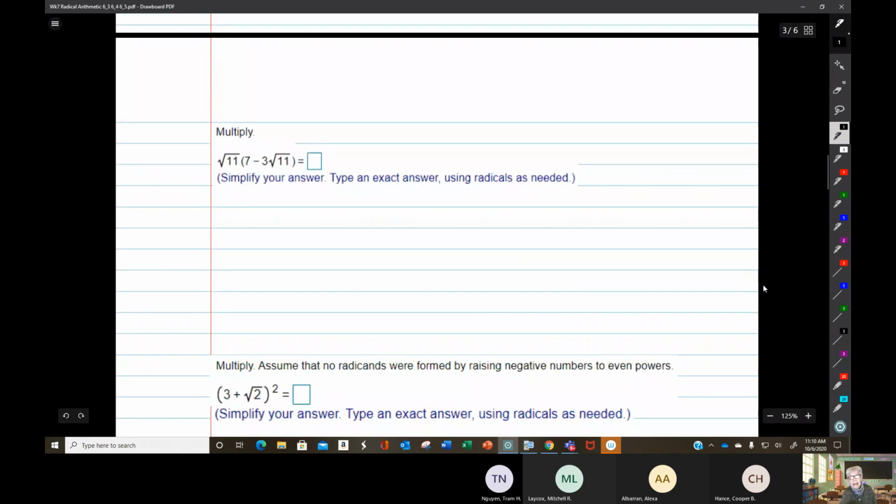Now this is the same exact kind of problem. You've got the square root of 11 times 7 minus the square root of 11 times 3 times the square root of 11.